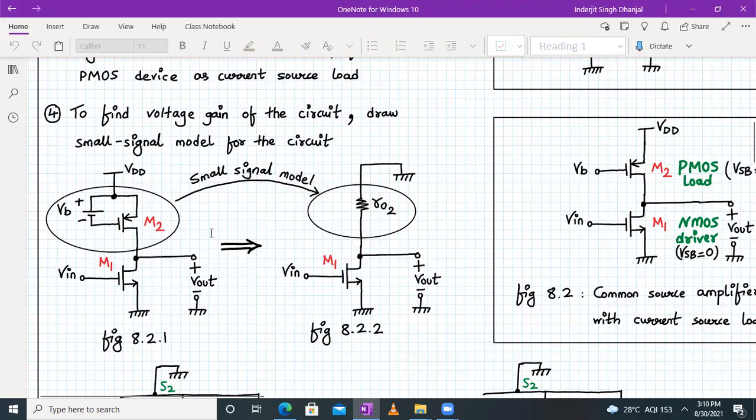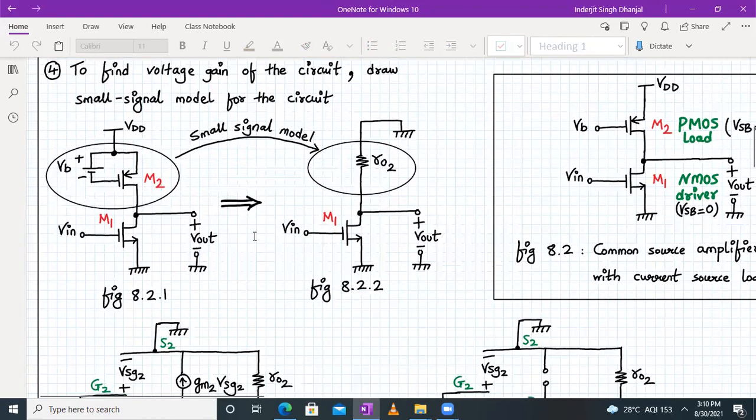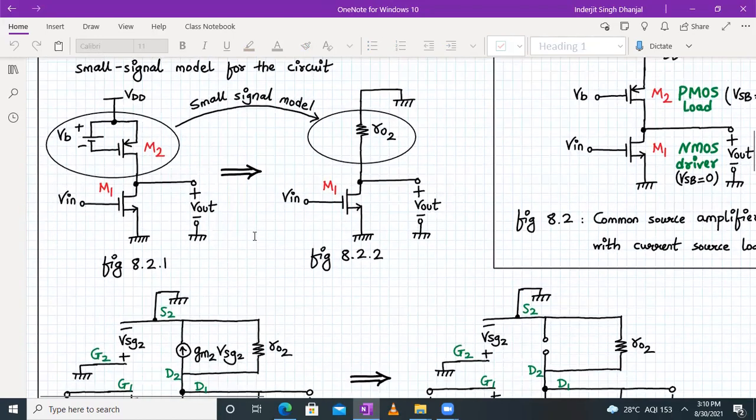M1 we can draw separately, so we have turned our attention here. This circuit 8.2.1 can be converted into 8.2.2 reasonably well. We have only drawn the small signal model for the M2 transistor. Now let us combine them together, just for convenience.